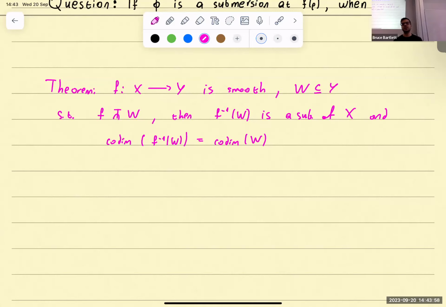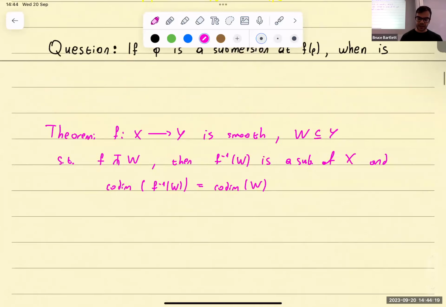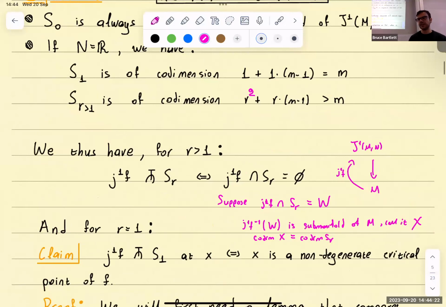This is one of the things that makes the notion of transversality really nice, because in general it's not true that if you pull back submanifolds, you get submanifolds. But if you intersect them transversally, then you can pull them back and you get submanifolds. And you furthermore know exactly what the codimension of the submanifold is. So that's the theory.